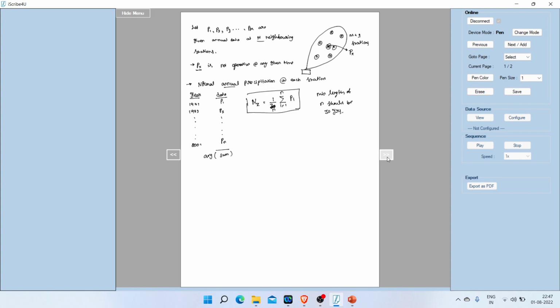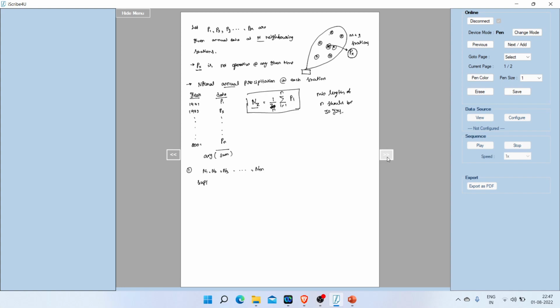Similarly, the same normal annual precipitation can be calculated for all the other stations as well. Suppose our interest is to estimate the Px value by using information from the neighborhood stations. We know the normal annual precipitation for all the stations, like N1, N2, N3, and so on up to Nm.